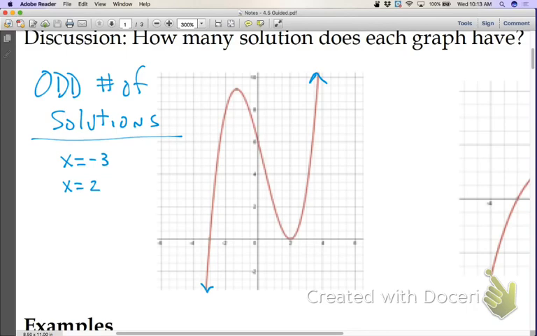So where's the other one at? Any ideas? Negative 3 is right. 2 is right. Any ideas on where my third x value is?